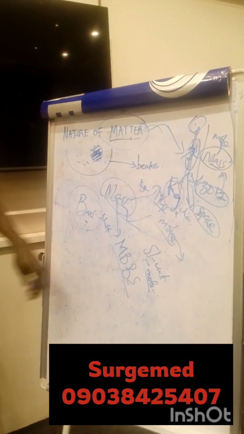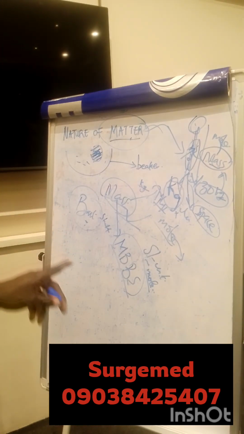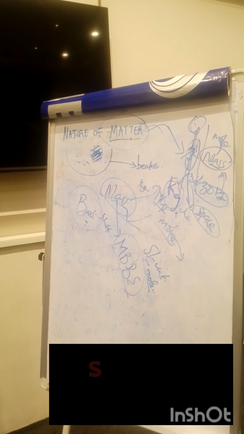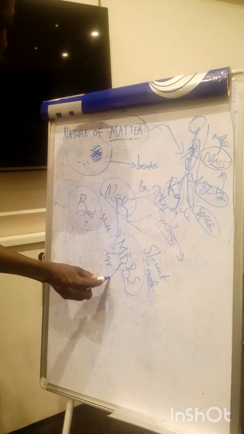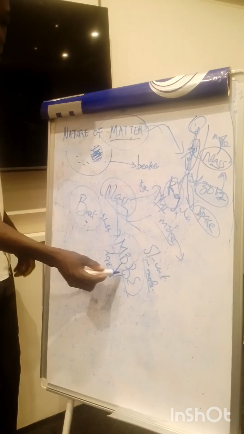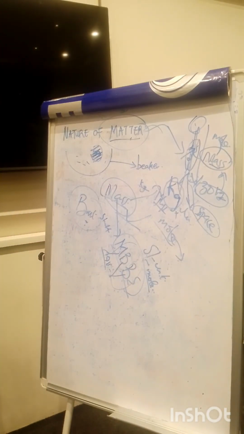I explained this very well under the topic measurement and units. I said M here is our mass, while the BB here is our beam balance. That means the beam balance is going to measure the mass of a body or an object.